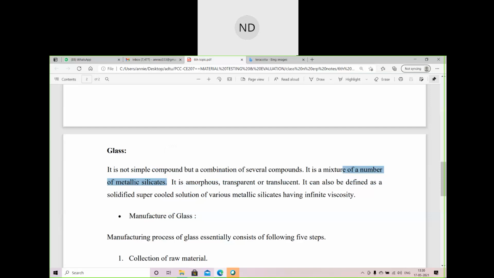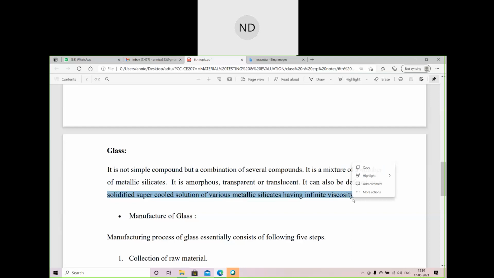So, as I was telling, this is amorphous, transparent, or translucent. It can be defined as a solidified, supercooled solution of various metallic silicates having infinite viscosity.